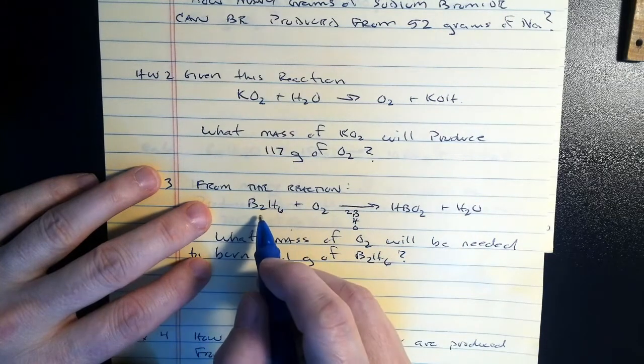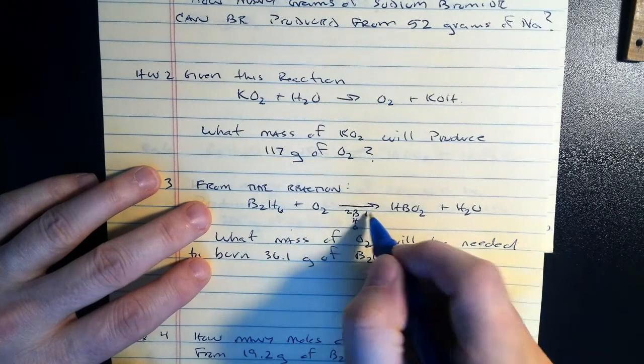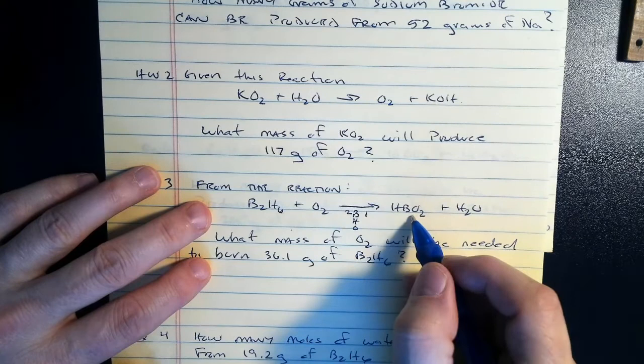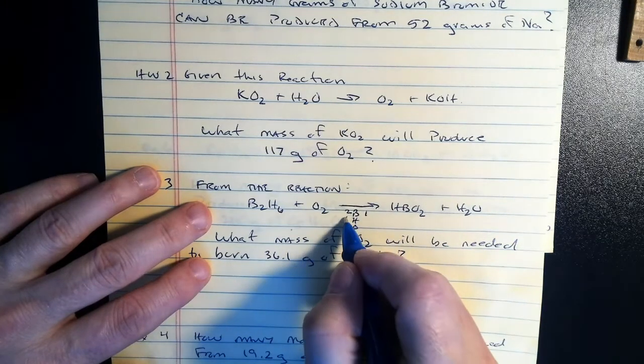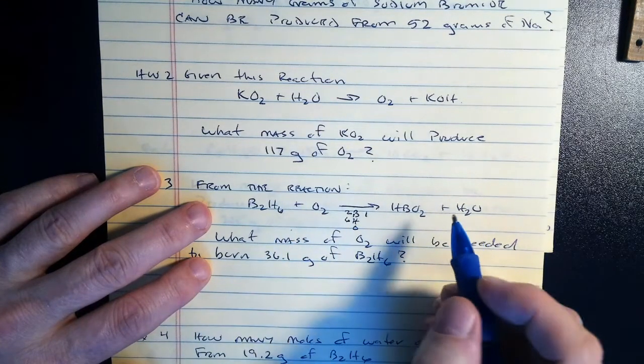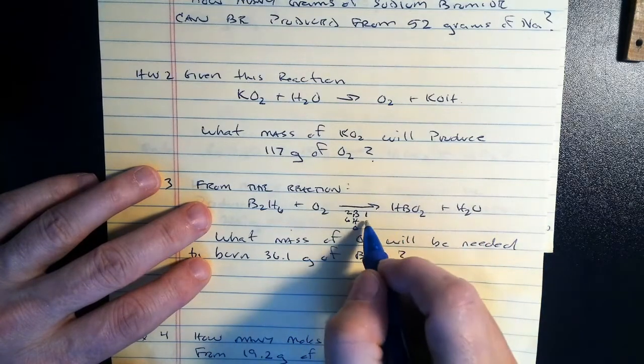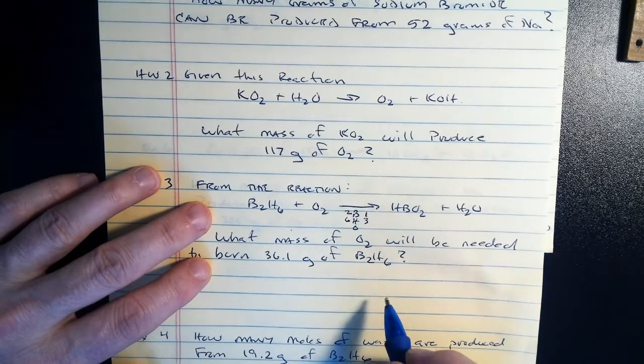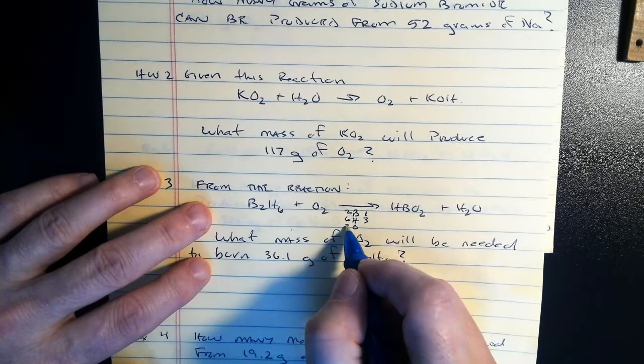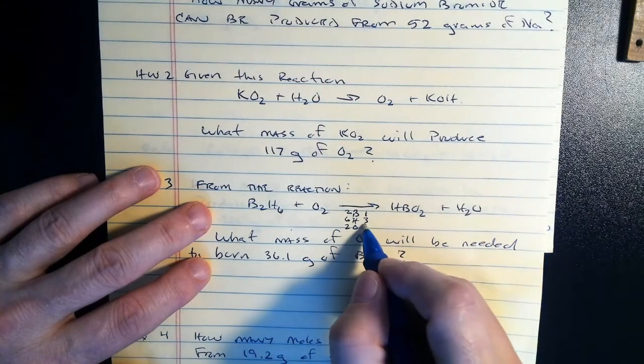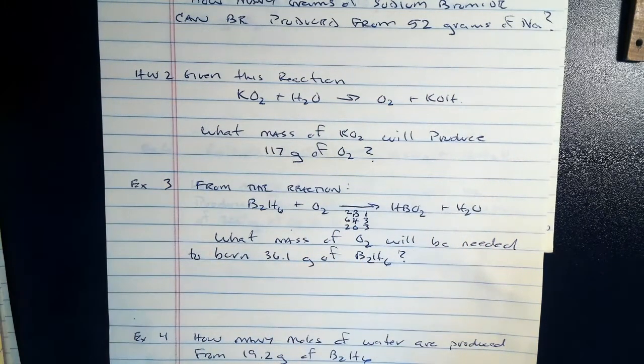We see 2 borons on the left and 1 on the right. There's no subscript. We see 6 hydrogens on the left, and then we see 1 plus 2 makes 3 hydrogens on the right. And then we have 2 oxygens on the left, and 2 plus 1 makes 3 on the right. Now remember that you save oxygen for last, hydrogen for next to last.